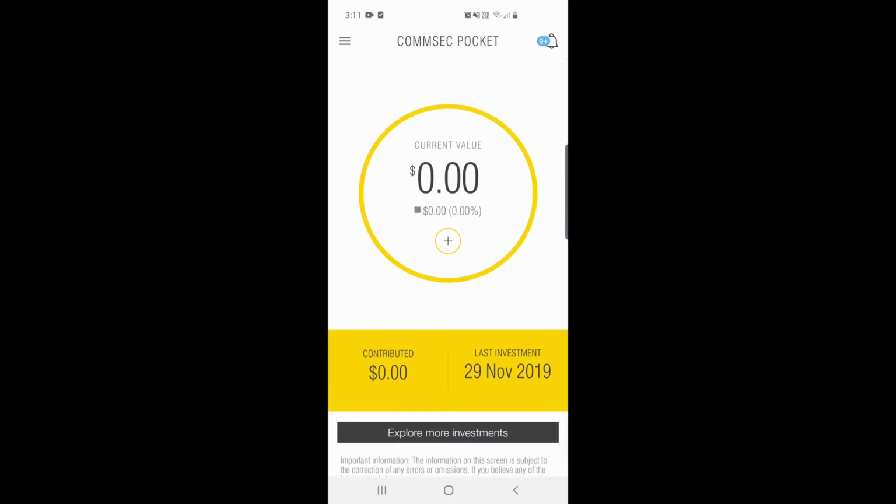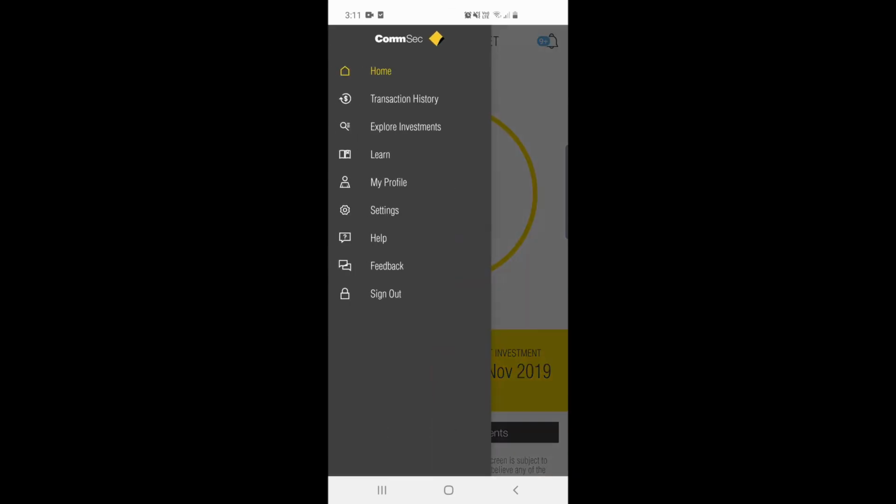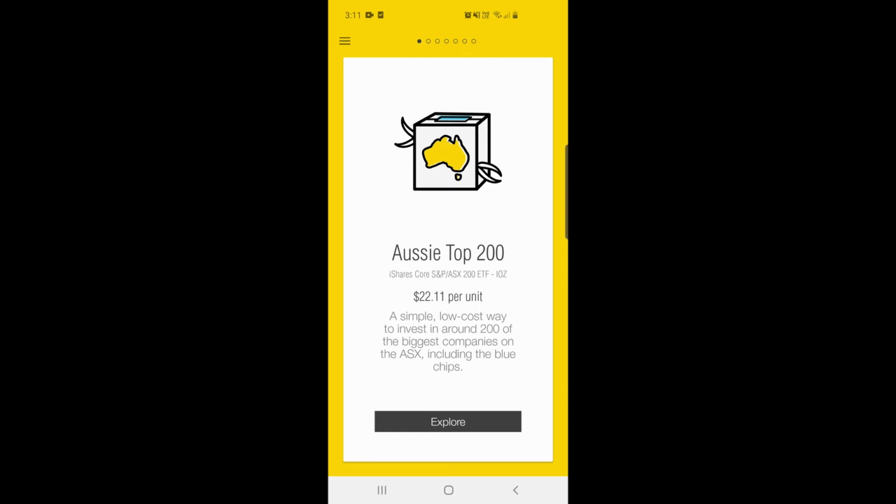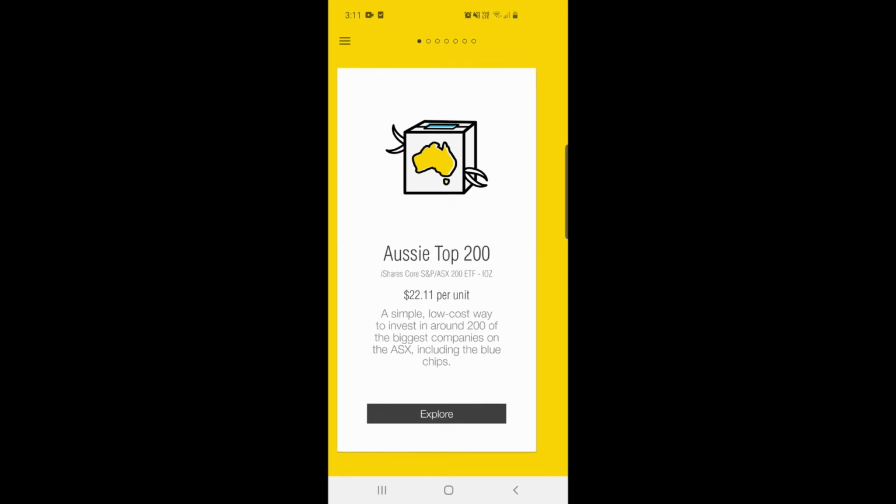So let's go and have a look at a couple of the ETFs that you can invest in with CommSec Pocket. They have 7 ETFs all up, and all you do is go to this top tab over here and go to explore investments, and the first one that comes up is the Aussie Top 200, which I used to invest in.